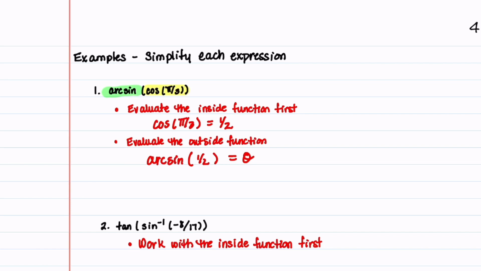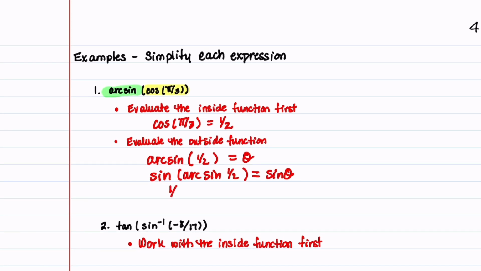Since 1/2 is between -1 and 1, we can say that sine of arcsine 1/2 is equal to sine of theta, or 1/2 is equal to sine theta. Sine theta is going to be equal to 1/2 when theta is equal to pi over 6. So this means that the arcsine of cosine of pi over 3 is equal to pi over 6.